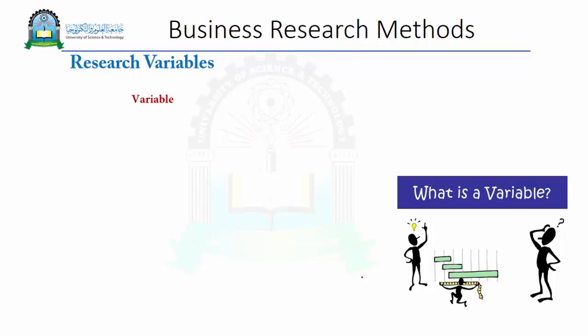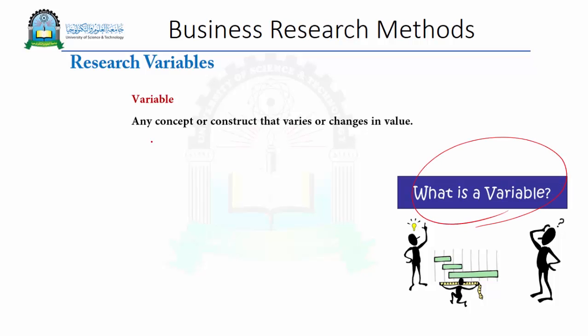In order to construct good conceptual frameworks, we also need to understand the meaning of the variables and the types of the variables. So the variable is a concept or a construct that varies or changes in values.